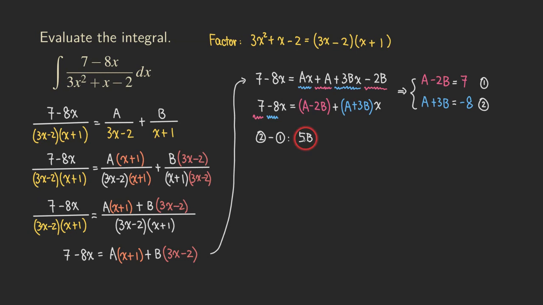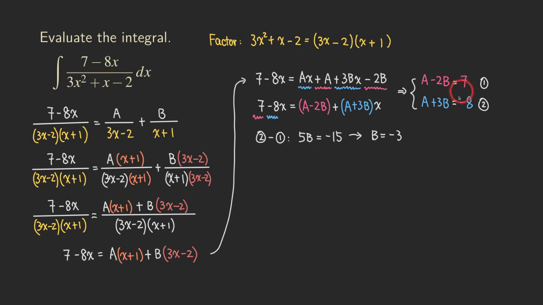Remember, you're doing subtraction. So 3 minus negative 2. It's not 3 minus 2, it's 3 minus negative 2, so you're going to get the 5. And then on the right-hand side of the equation, you get negative 8 minus 7, which is negative 15. So see that that's actually quite simple to do. The b is equal to negative 3.